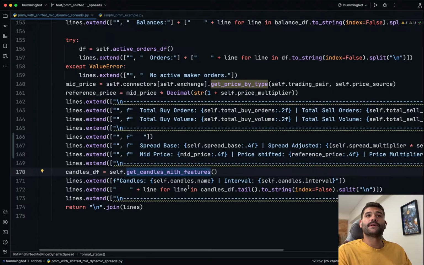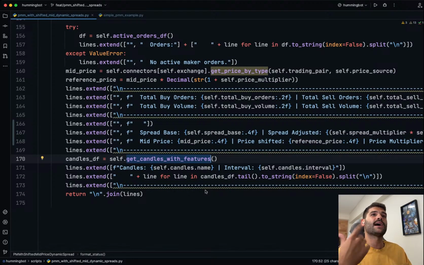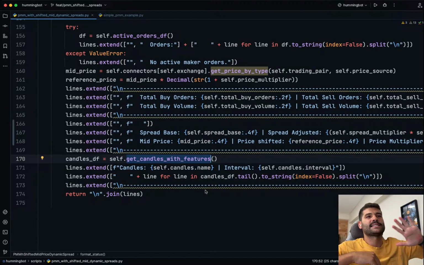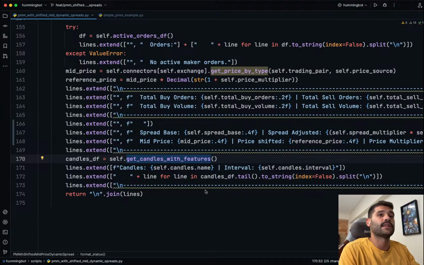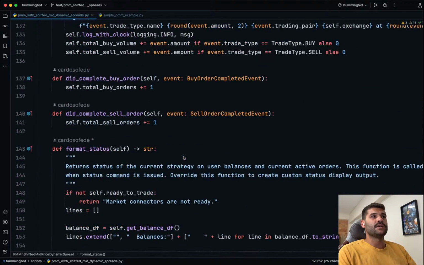Lastly, we are getting the candles with the features, and we are showing the candles in the terminal, so you can see the candles. We are showing the last 5 records, but you can see the values of the prices and the values of the indicators that we have at that moment. That's essentially the whole script.